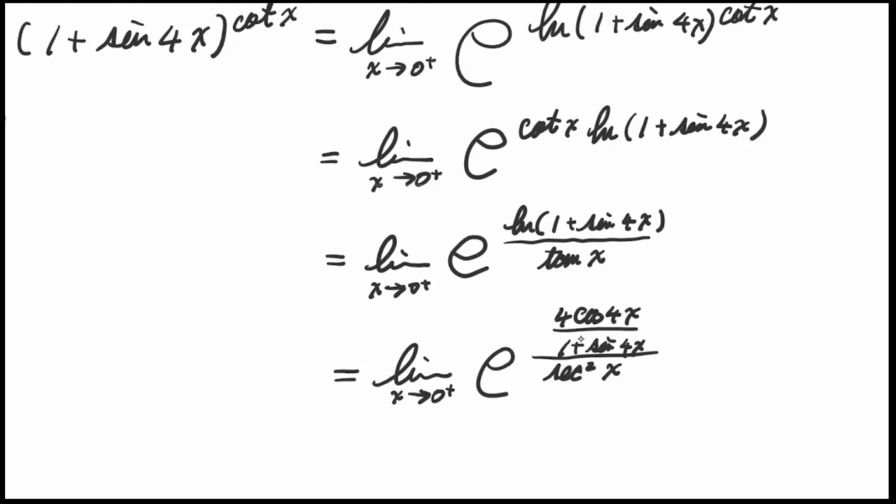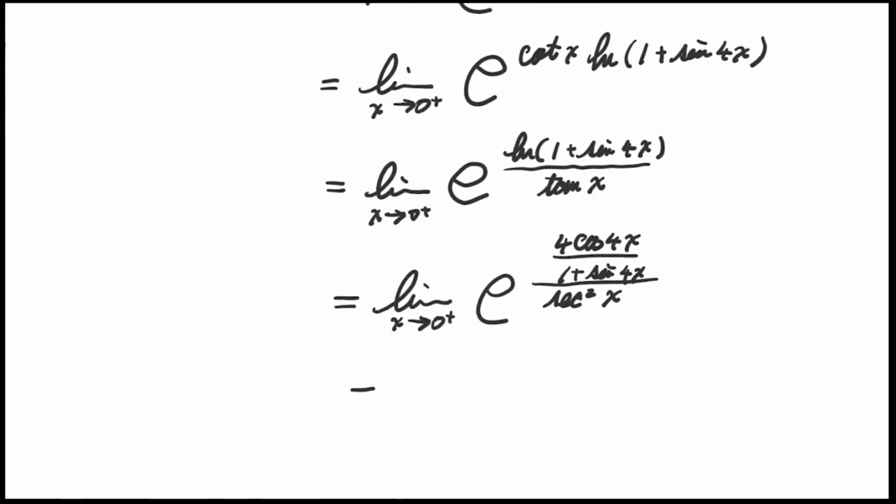This denominator becomes 1, still no problem there, right? And this thingy approaches 1. So what do you have? That. You get it? See, I told you this could turn out to be anything between 1 and infinity. Any questions?